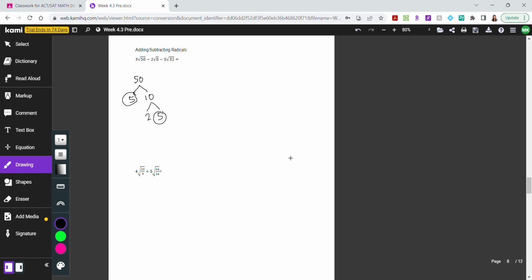So with 50, we get 3 times 5 square root 2 minus, let's look at 8. Let's write 8 here. 2, 4, 2, 2. So we have 2 times 2 square root 2 minus, let's look at 32.